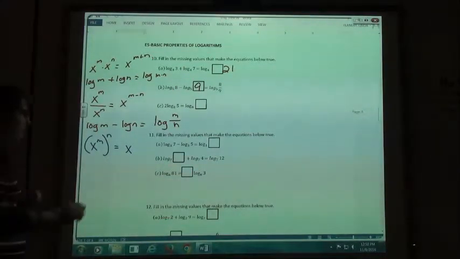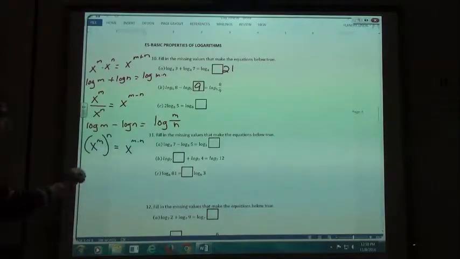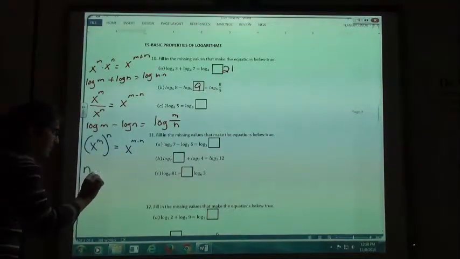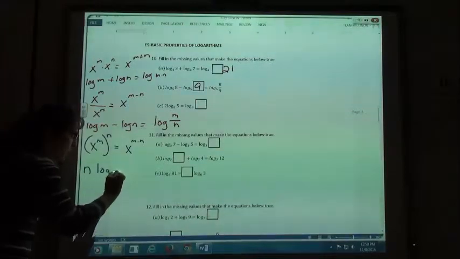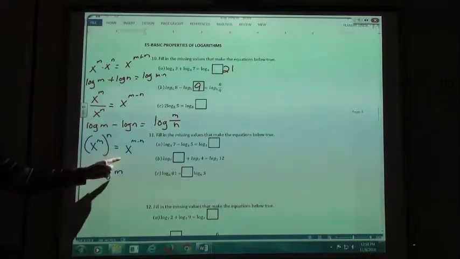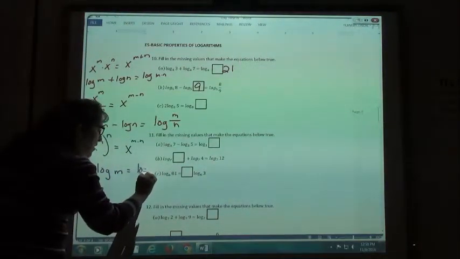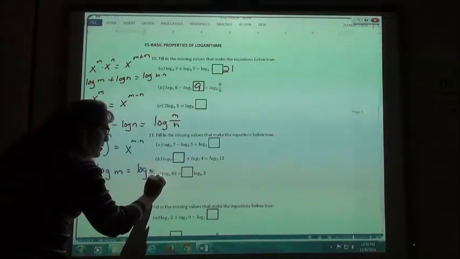I multiply them. So this is going to say, if I have something times my log, that now becomes the exponent over here. So it's going to be the log of m to the n power.